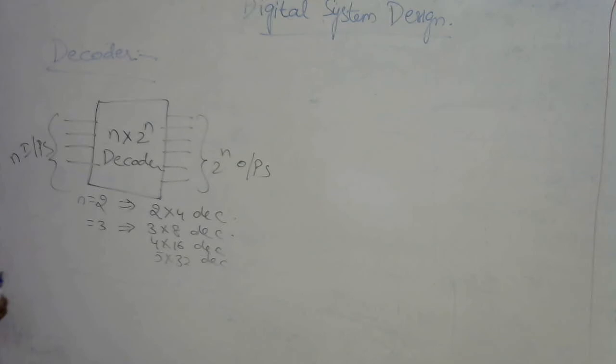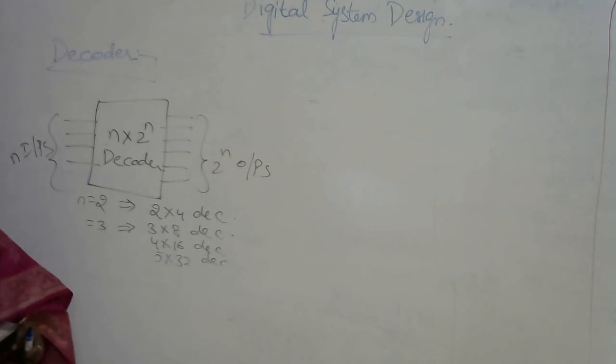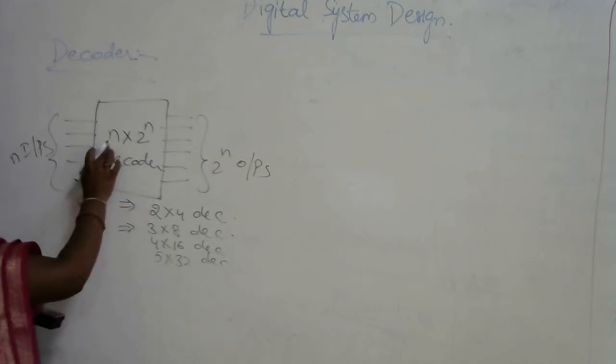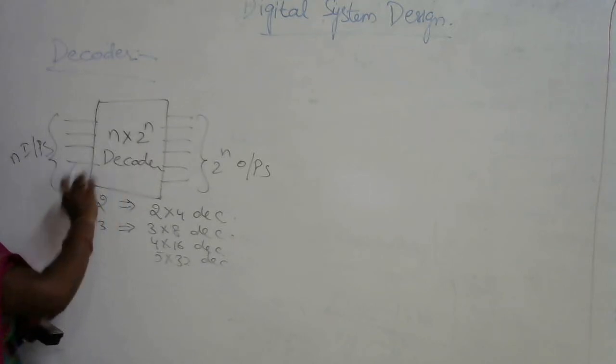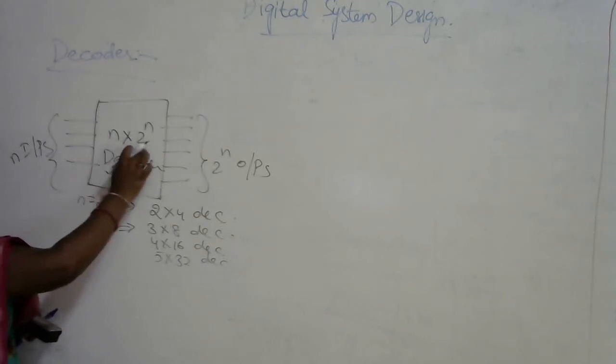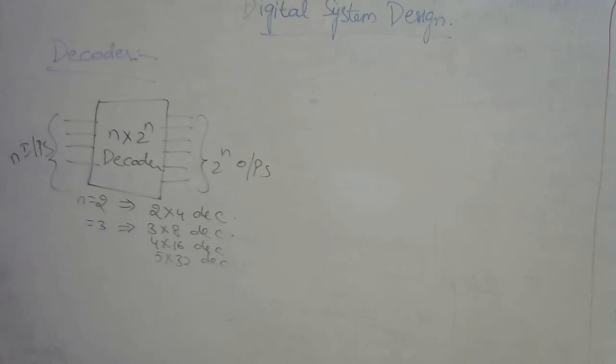In case of an encoder, we have 2 power n followed by n. Whatever coded words we transmit at the transmitter side need to be decoded at the receiver side. The encoder encodes the data at the transmitter side, and to retrieve back our original information we use a decoder circuit at the output side. So the general size of a decoder is n by 2 power n, where n is the number of inputs and 2 power n is the number of outputs.